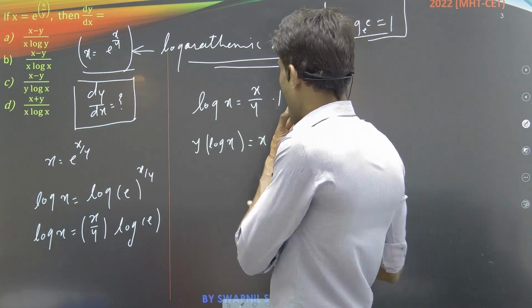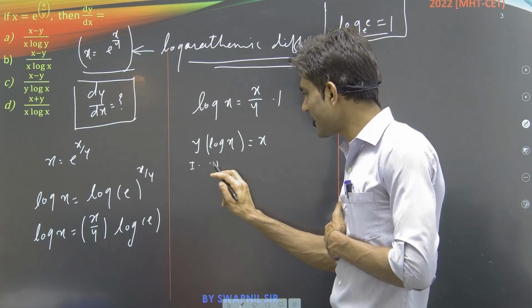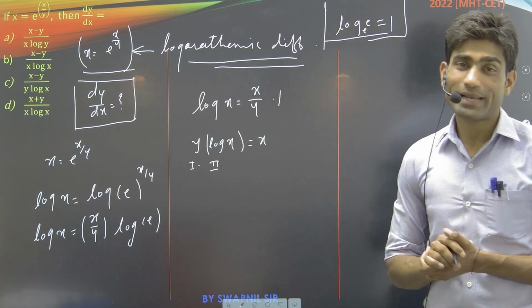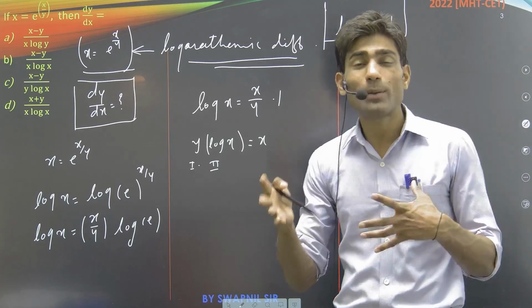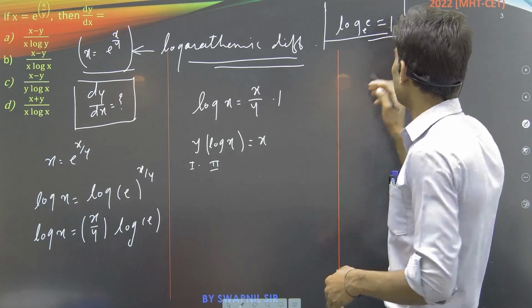Differentiating means we have the first function multiplied by the second function. That means we have to apply the product rule for differentiation. What is the product rule?